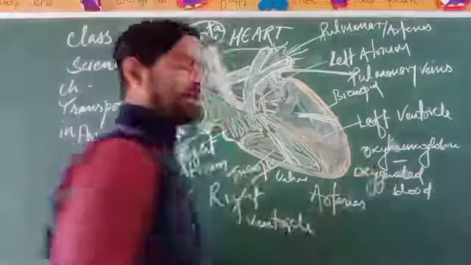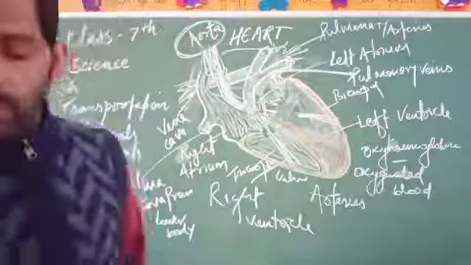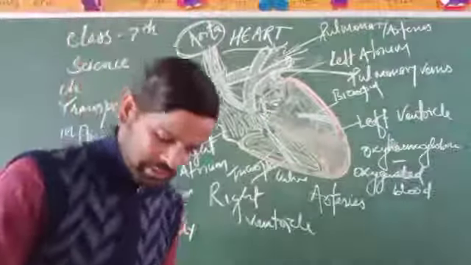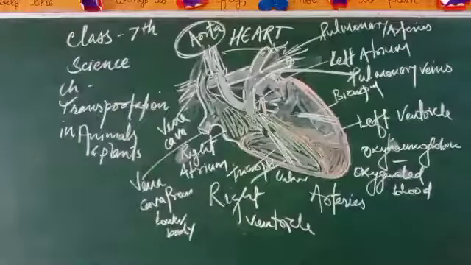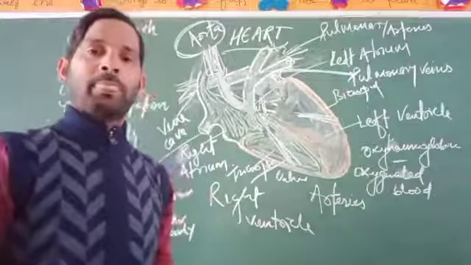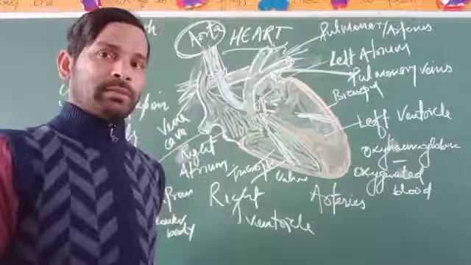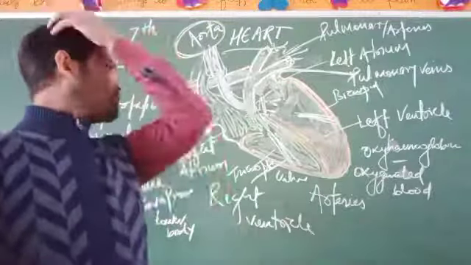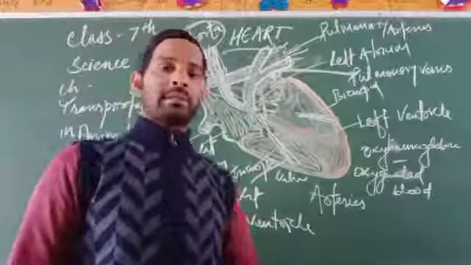This oxygenated blood comes from the lungs as well. So the lungs act as the place where the blood mixes with oxygen, that is, hemoglobin with oxygen.